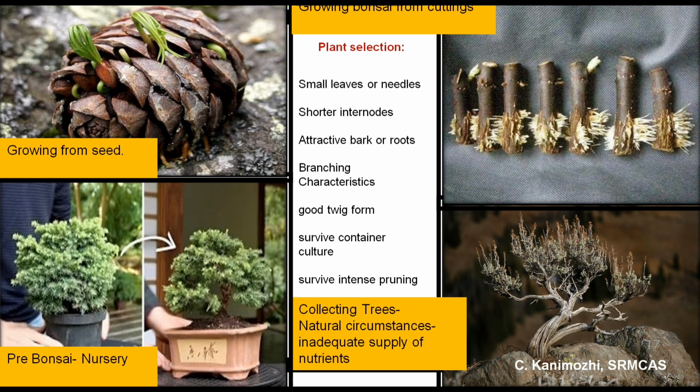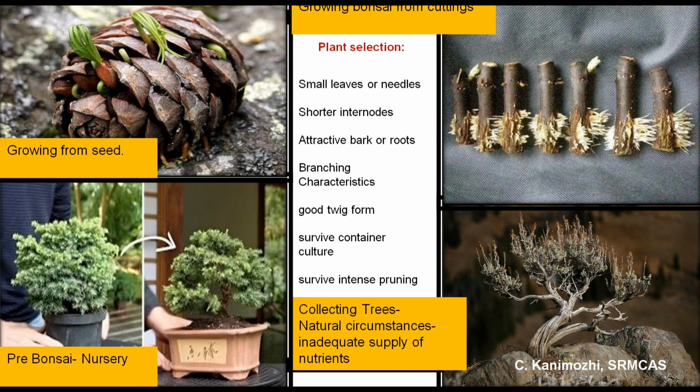Finally, the best bonsai will come from collecting the bonsai from natural circumstances. These bonsais get adapted very well because of the inadequate supply of nutrients there, so they are able to resist and come up very well as a bonsai.